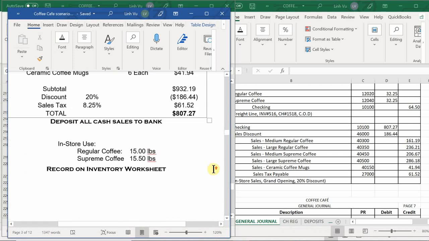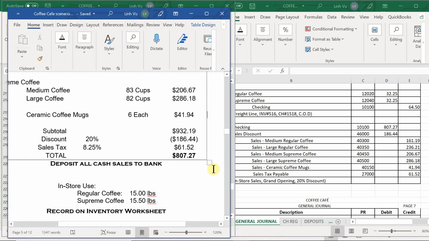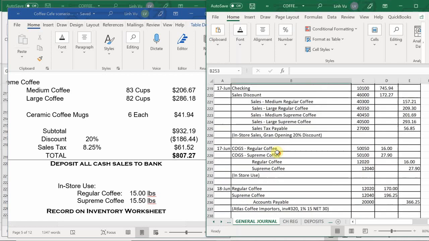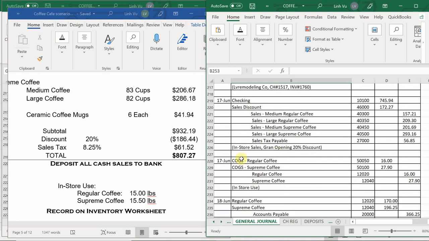Okay, so now we got to do the cost of goods sold here. So in-store use, right? We used 15 pounds of regular coffee and 15.5 pounds of Supreme coffee. So we have a cost of goods sold of regular coffee.